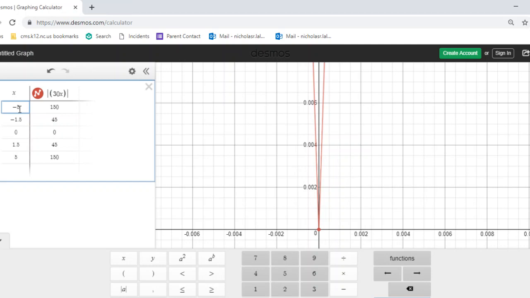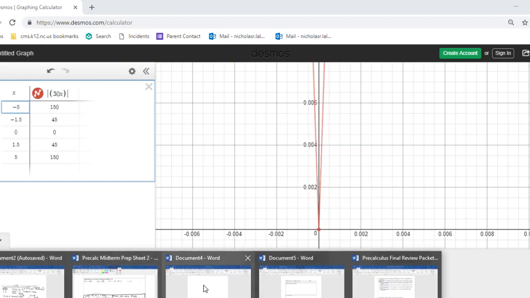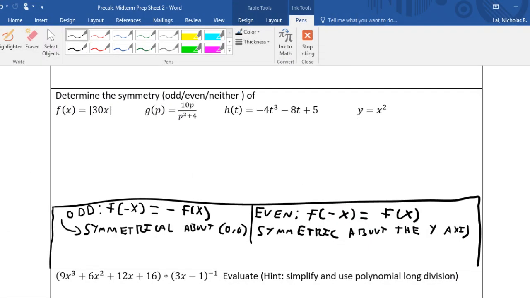If your input value is negative, then the same input value that's positive is going to have the exact same output for all values of the function if the function is even. So I can say f of x equals the absolute value of 30x is even, right?